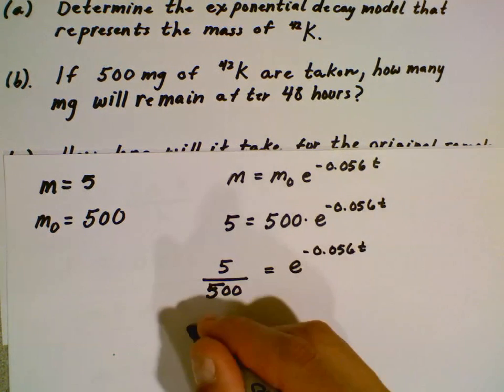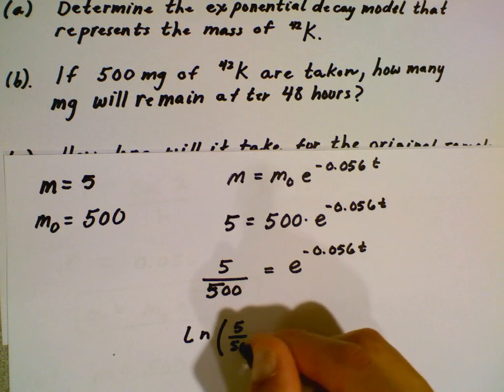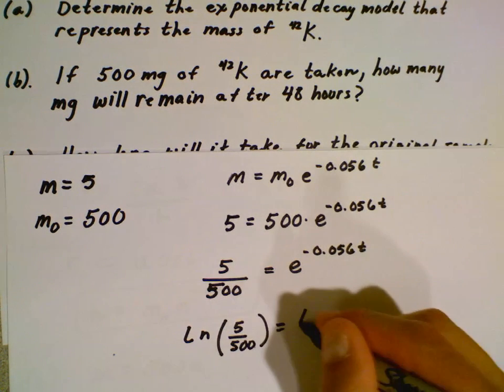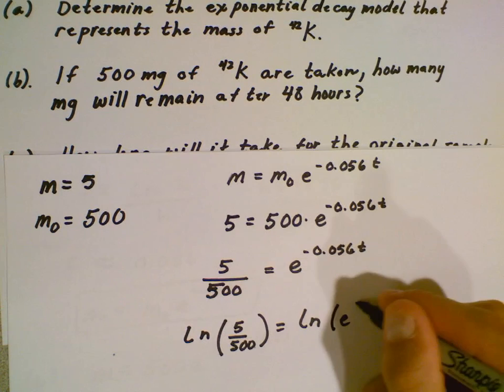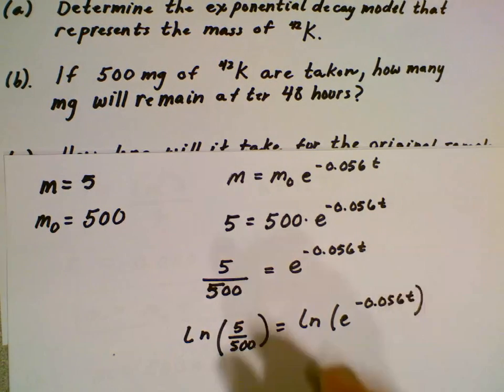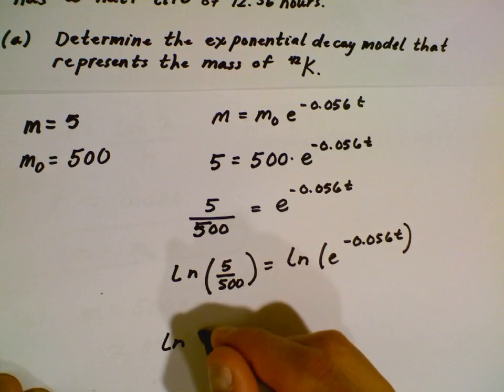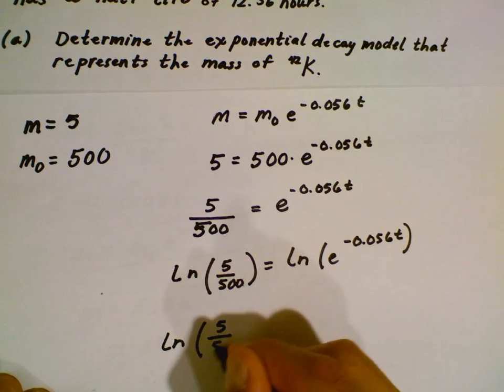You take the natural log of both sides. The natural log of 5 over 500 equals the natural log of e to the negative 0.056t. That's going to help us simplify, and we get that t out front so we can solve for it.